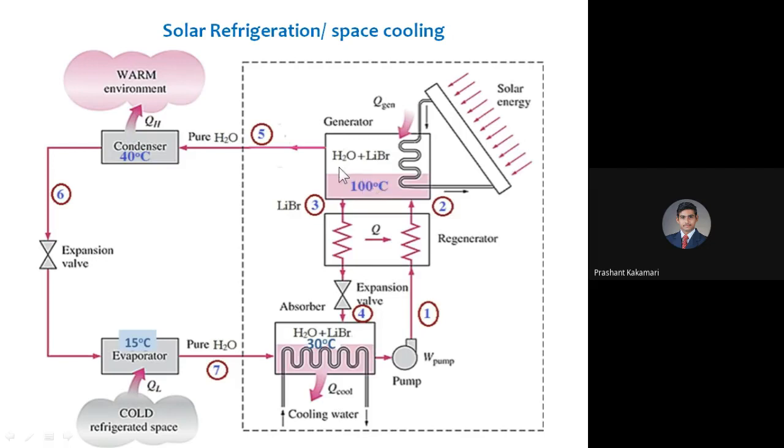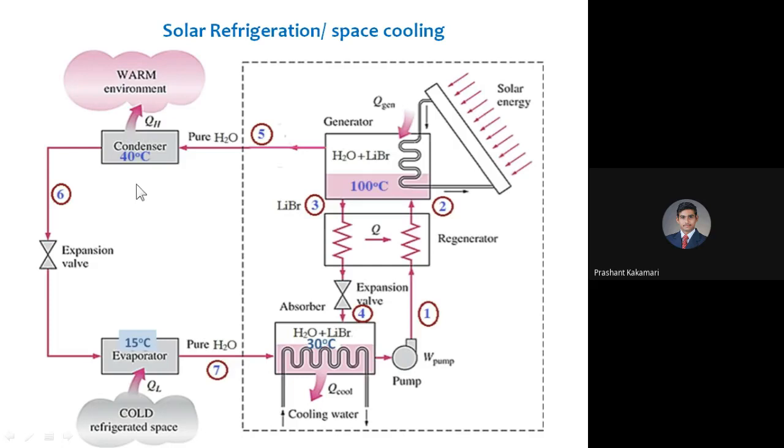From the absorber, the vapors of water at very high temperatures are taken to the condenser. This condenser will be kept outside to extract the heat and condense this high temperature water back into low temperature water condensate. This heat will be taken outside the building.